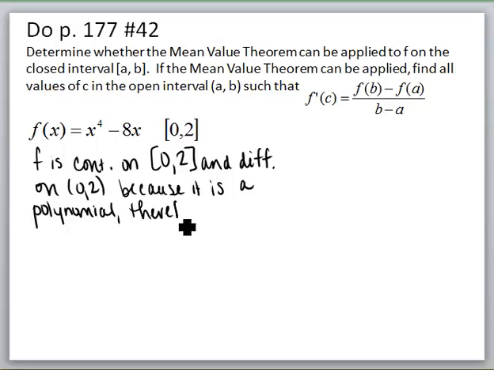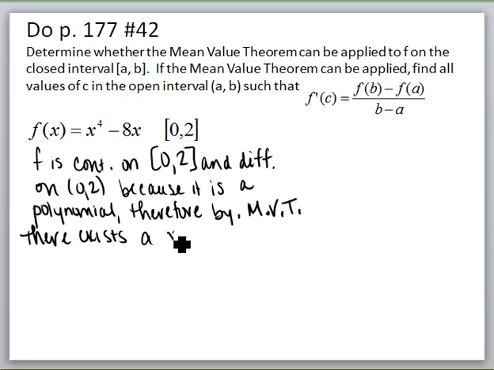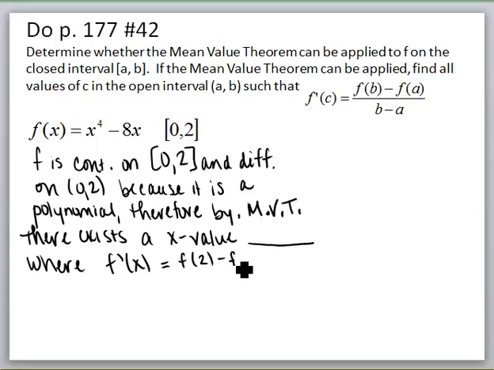Therefore, we can abbreviate this, MVT, by mean value theorem, there exists a value or values x, and I'll just put blank because we don't know where it's at, where f prime of x equals the slope of the secant, which would be f of 2 minus f of 0 all over 2 minus 0.